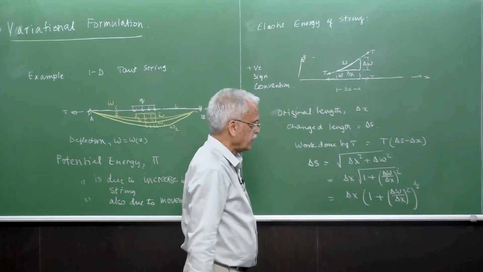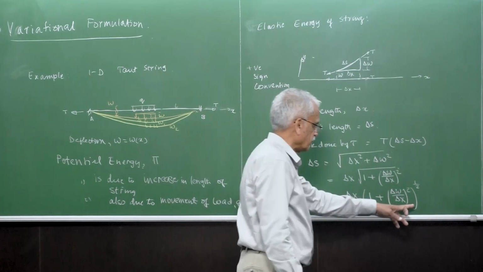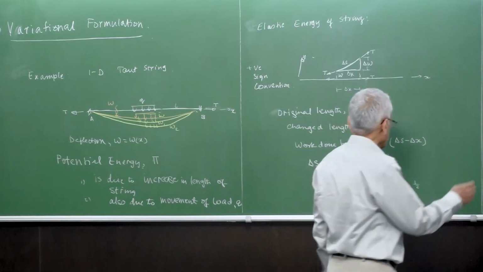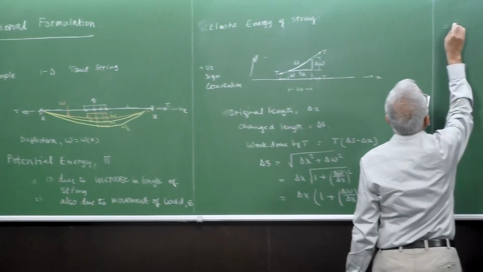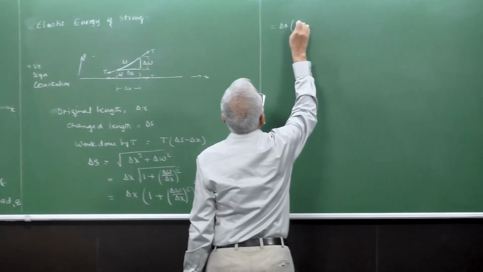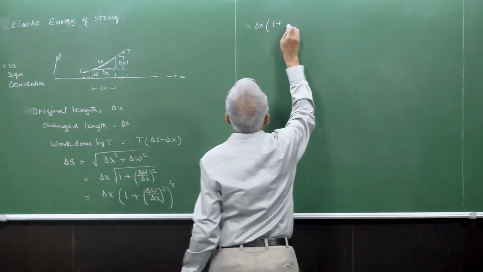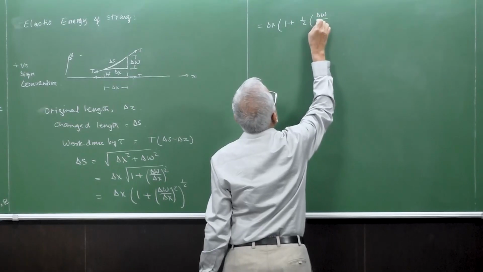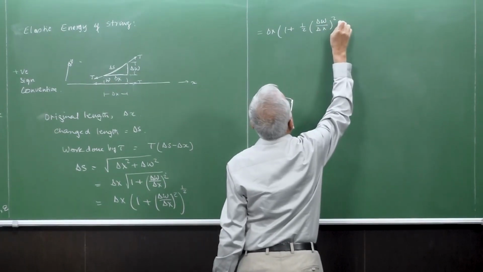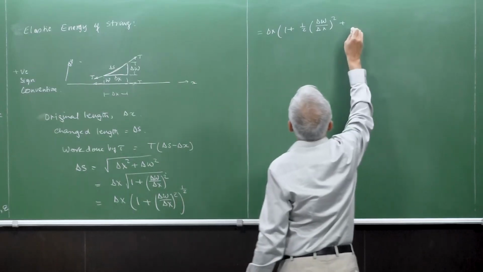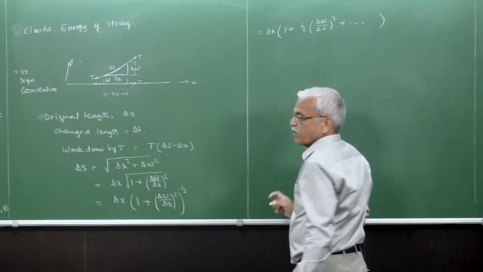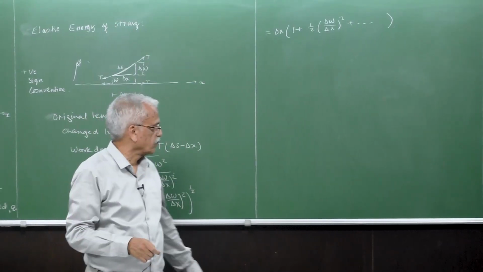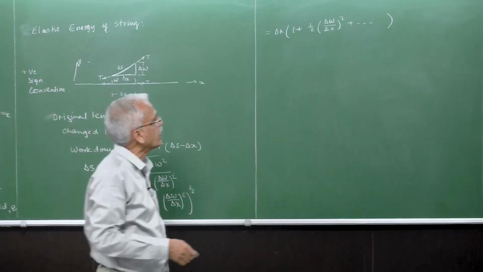Using the binomial expansion, this can be written as 1 plus half (delta W by delta x) squared, and then there will be more terms, 1 by 8 (delta W by delta x) to the power of 4, and on and on.